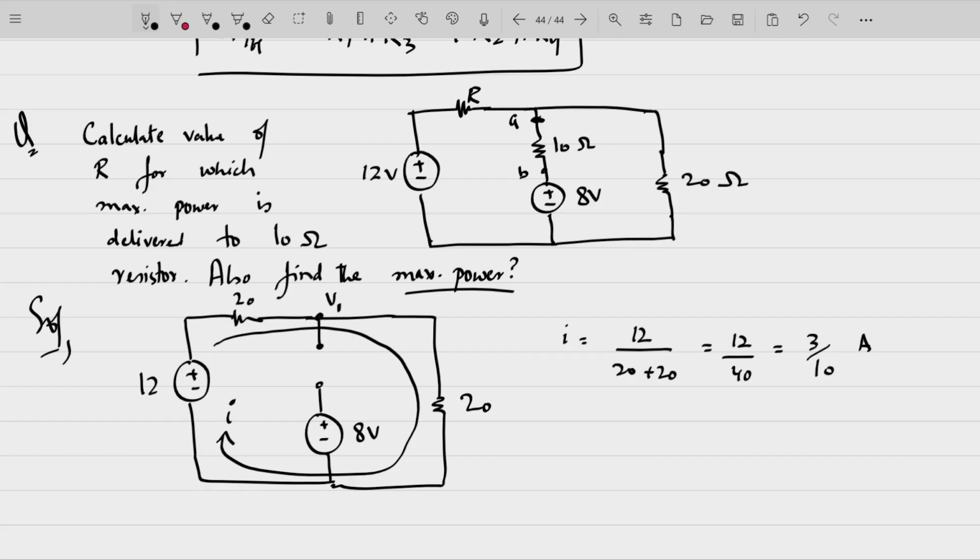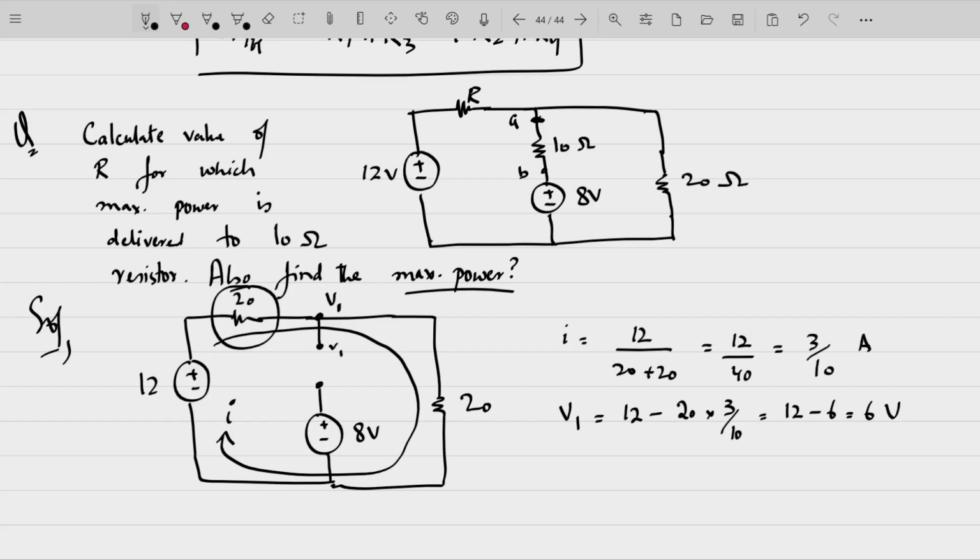Let this voltage be V1. V1 is 6 volts. V1 is simply 12 minus the drop in this resistance. 12 minus 20 into 3 by 10, that is 6 volts.